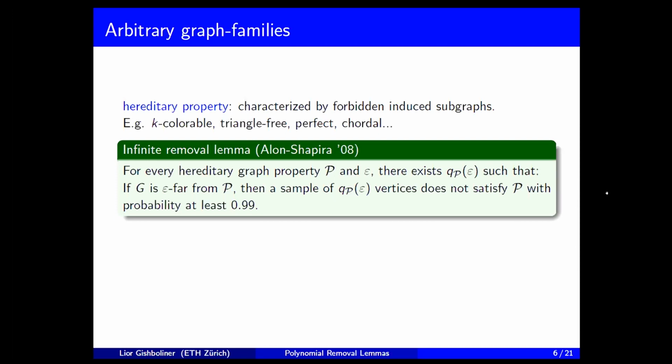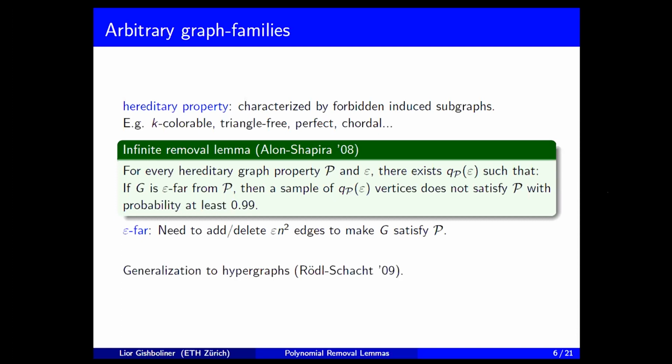Because the algorithm is, again, trivial. It will just sample and check if the sample satisfies the property. And here, because we are dealing with induced copies, the epsilon-far is defined in terms of adding or deleting edges. And this was also generalized later to hypergraphs by Rödl and Schacht.